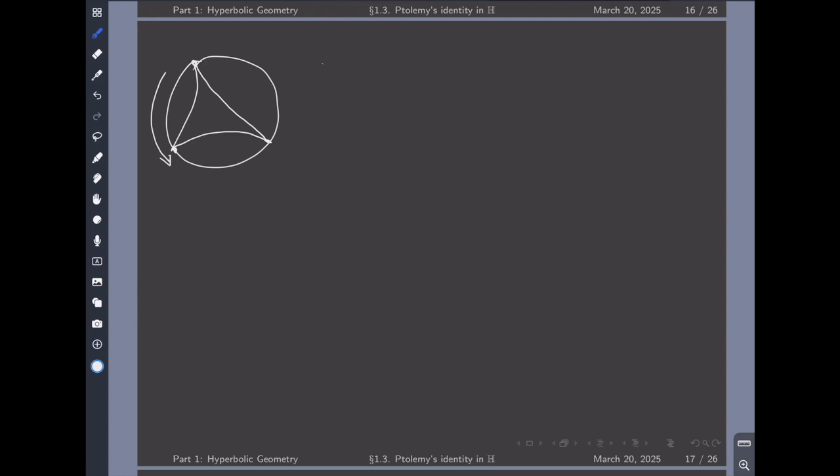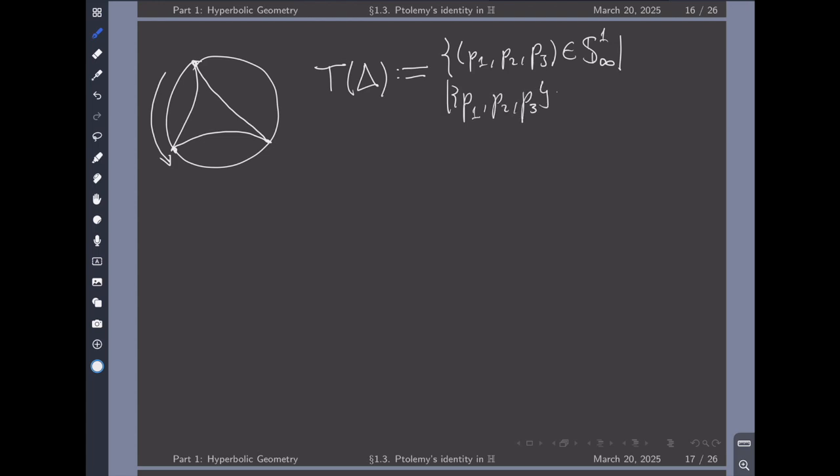So in other words, when you consider T of the triangle, what I mean is a Teichmüller space, which we define to be the set of P1, P2, P3 in the circle at infinity, all different, so the cardinality is equal to 3, and moreover oriented counterclockwise.